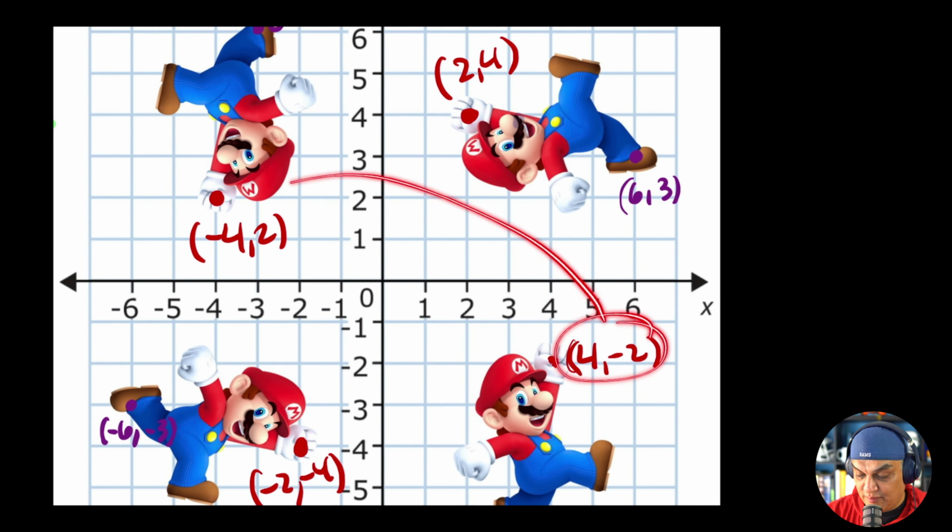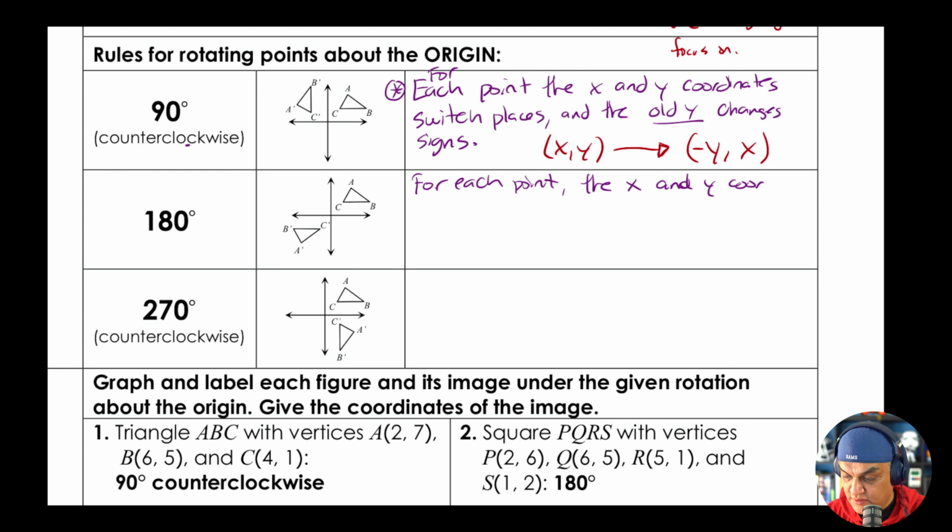So that sounds easy. When I rotate 180 degrees, let's do it in words first. When I rotate each point 180 degrees, the x and y coordinates do not switch, they stay, but both change their signs.